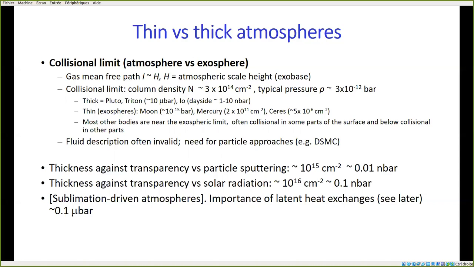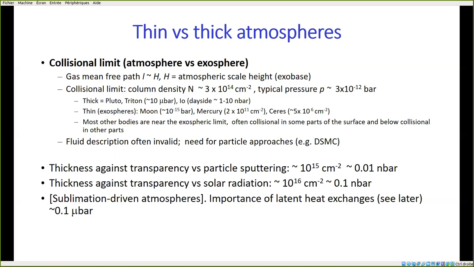But there is another criterion to distinguish between thin and thick atmospheres, which is whether the atmosphere is transparent or opaque to different sources of energy. Sputtering is a process of bombardment of a surface or an atmosphere by energetic particles.